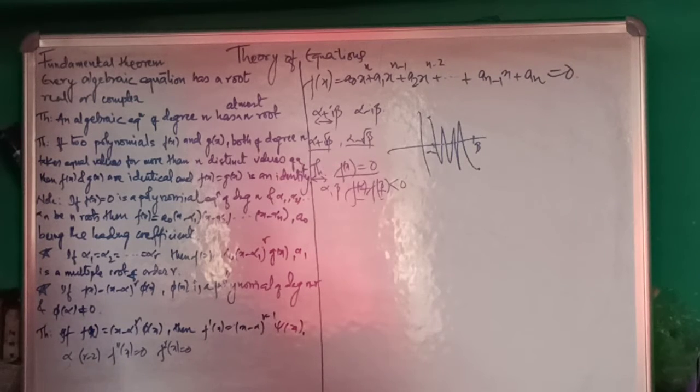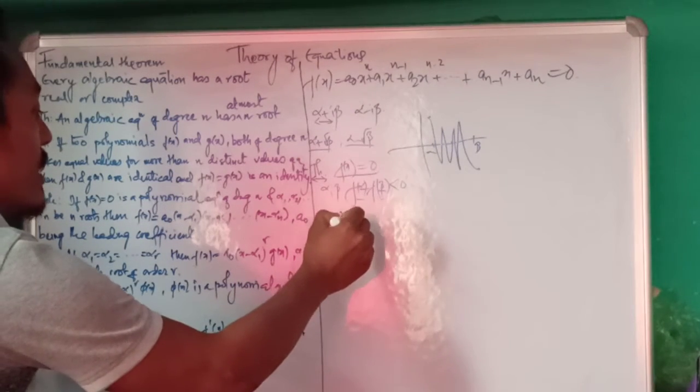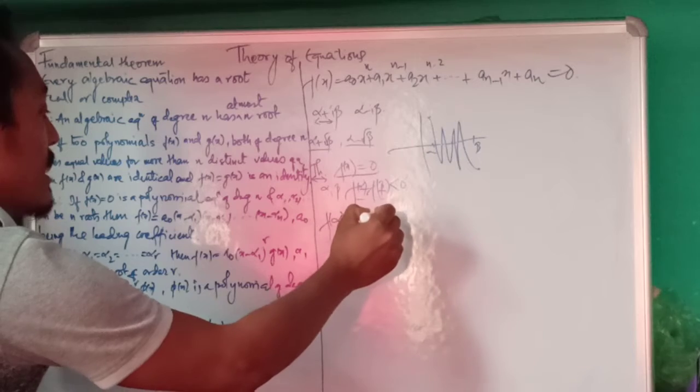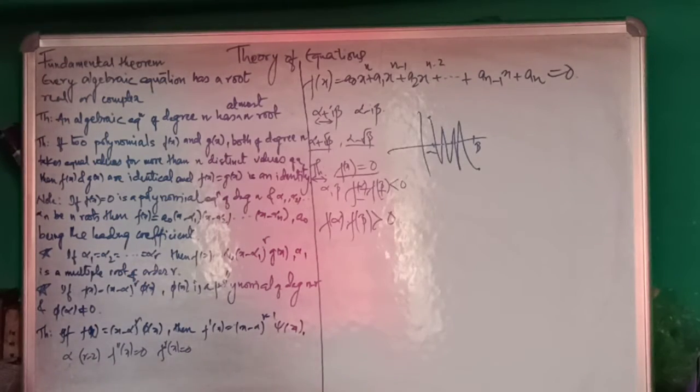Now suppose f of alpha into f of beta keeps the same sign, either plus plus or minus minus.